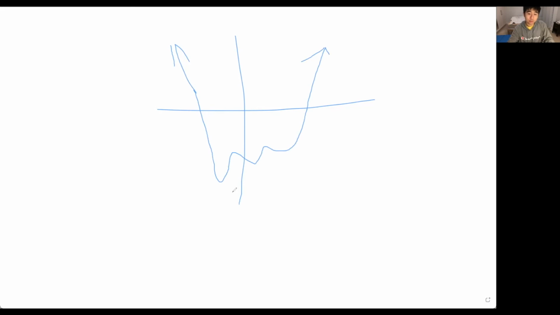Well, in this situation, this would be the absolute minimum because it's the lowest point on the graph. Anything to the left of it is greater and anything to the right of it is greater. Sorry, if I said absolute maximum, I meant absolute minimum for this point. This is the absolute minimum. And there is no absolute maximum because the graph just goes up forever.